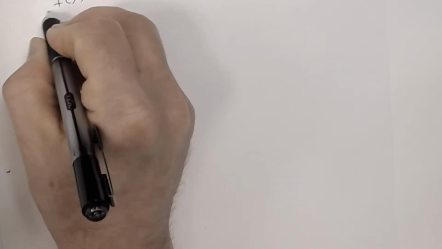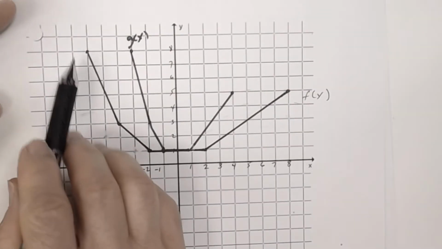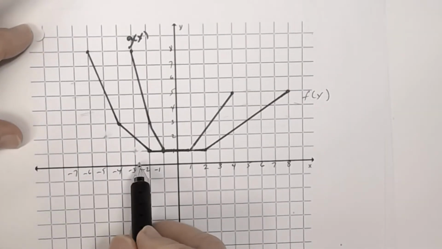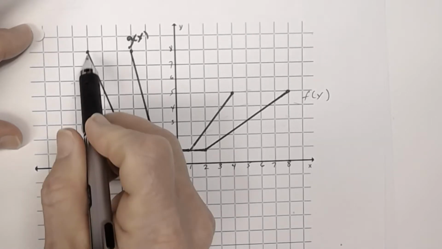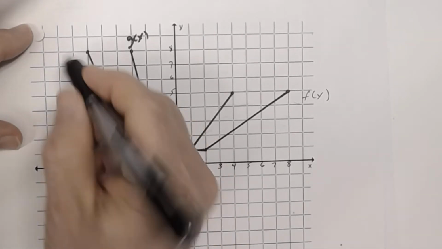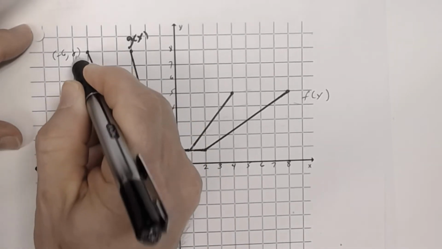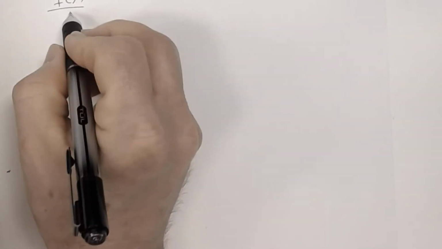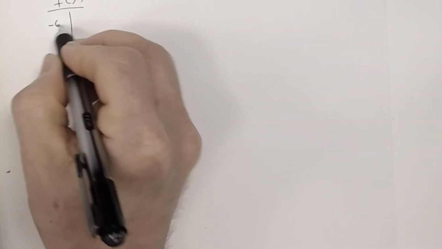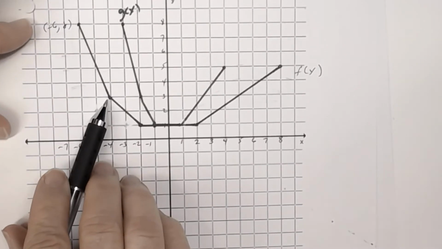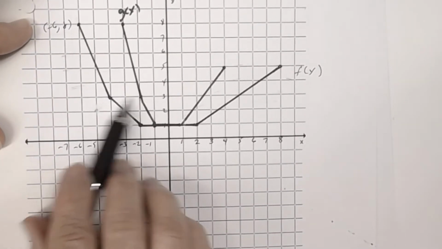All right, so if you look at the points on f of x, this point here is negative 6, 8. So that's a point negative 6, 8. Y'all agree? Okay, so I'm going to write negative 6, 8 for right now. Then this point right here is negative 4, 3.